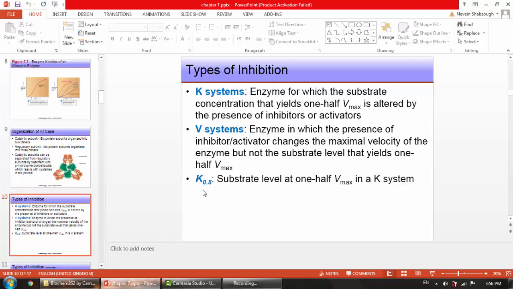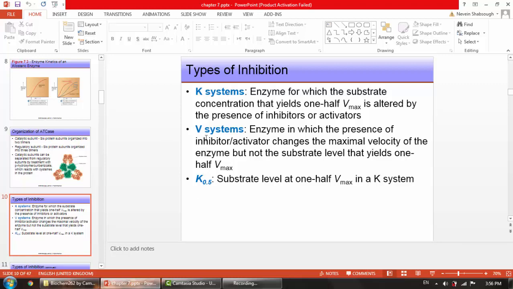This is the same as Km in the Michaelis-Menten approach. So for K system enzymes, K 1/2 is changed when we add the allosteric inhibitor or activator. And our enzyme ATCase is an example of a K system.